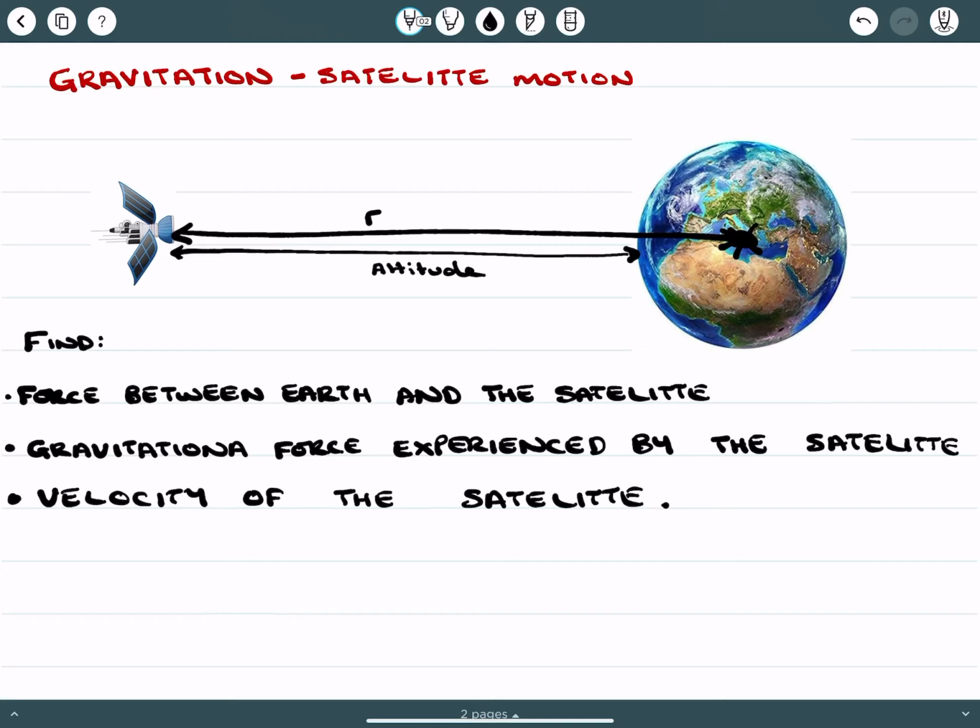Now, what we want to think about is that this satellite is actually falling towards the Earth, but because it's got very little friction or other external forces acting on it, the way that it will fall will be in a circular motion. And we'll say that this circular motion is going like so, in this direction.